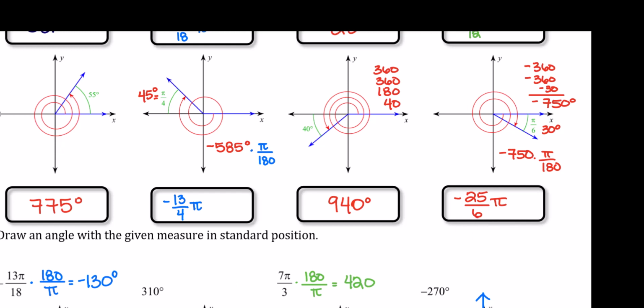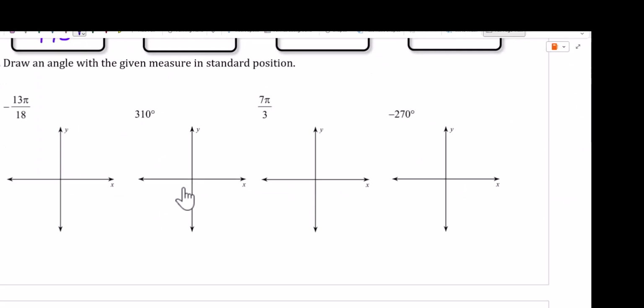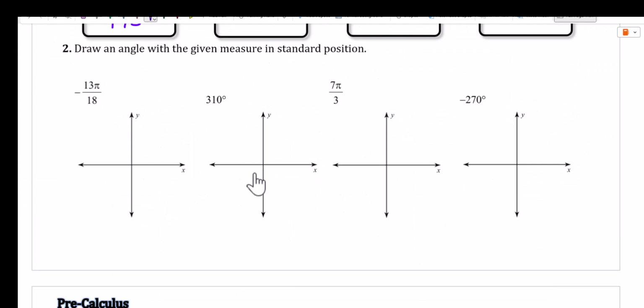Okay? So let's come back down here. Now, you may say, oh, what? How am I going to do this? I've never drawn a radian length before. That's fine. You know what you do know how to work with is degrees. So, hey, why not make this a degree?